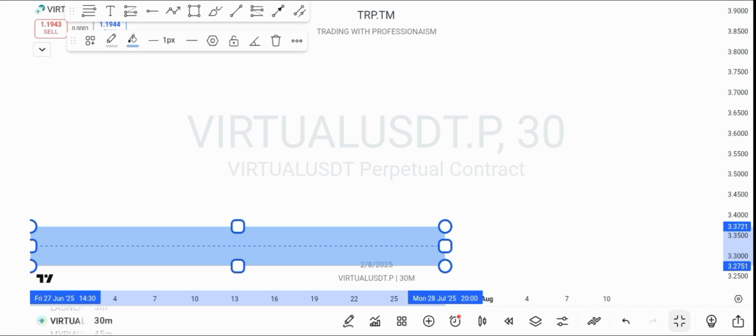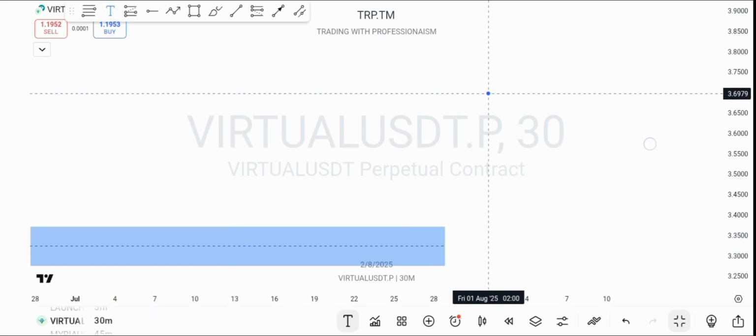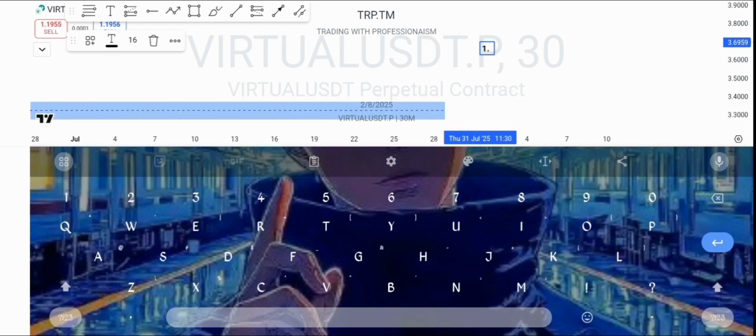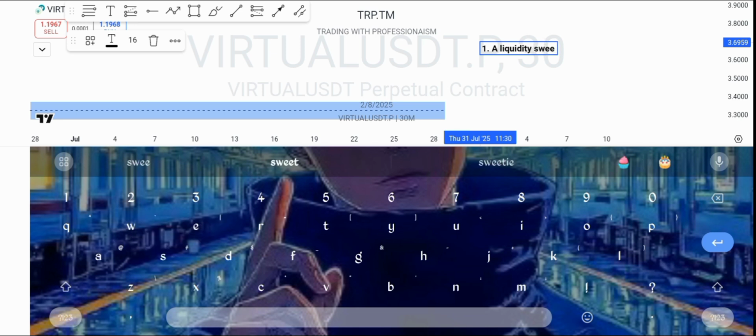Your A plus setup consists of 3 phases. Let me write that out here. Number one, a liquidity sweep.